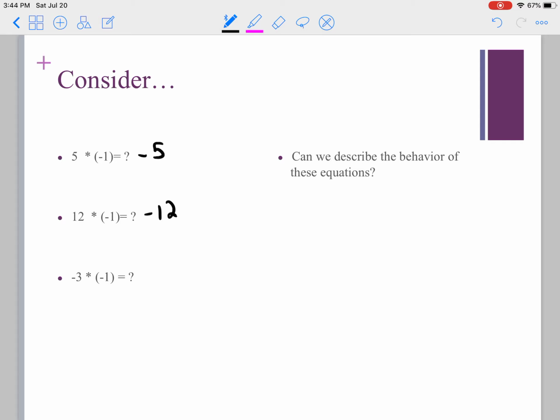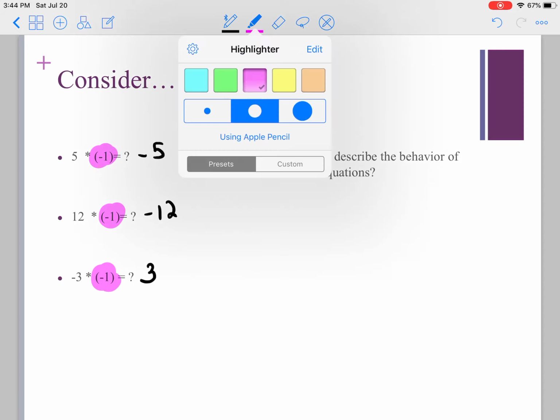Negative 3 times negative 1, not negative 3, but a positive 3. And so can we describe the behavior of these equations? Well, first thing we may notice, we're multiplying everything by negative 1, okay?